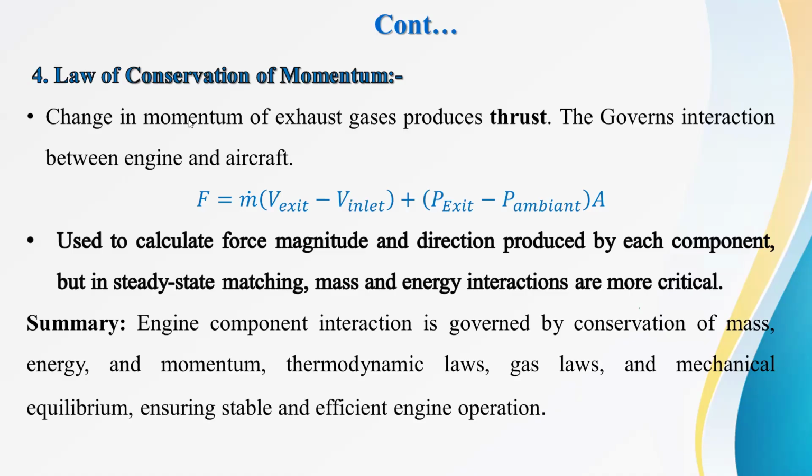That is the momentum conservation principle, used to balance the force magnitude and direction produced by each component. But in steady state matching, mass and energy interactions are more critical than the conservation of momentum.